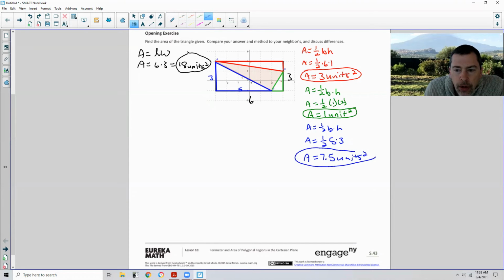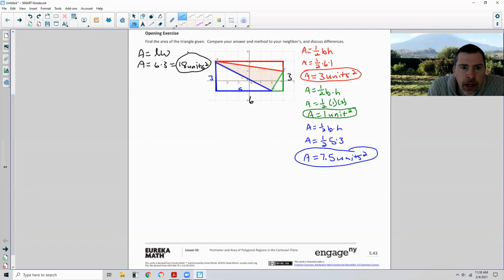squared. Okay, so if I know the whole area and I take the red triangle away, and then the green triangle away from the total, and then the blue triangle away from the total, I get the shaded triangle in the middle.